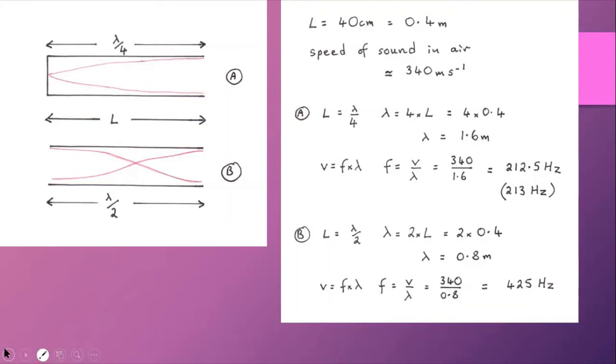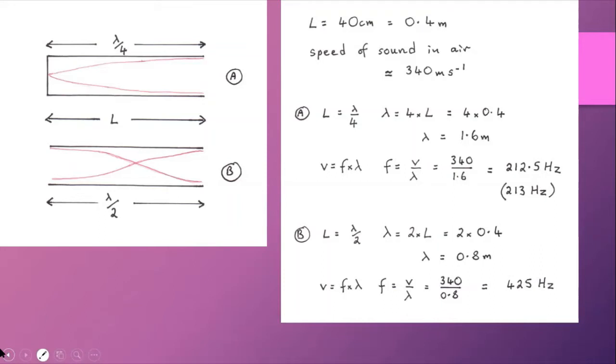In the same way, for the tube at the bottom, tube B, if we go from the left-hand end to the middle, that will be lambda over 4, another lambda over 4 to the other end like that, and so that's lambda over 2. So L equals lambda over 2. So again, lambda equals 2 times L, which is 2 times 0.4, so lambda in this case is 0.8 meters.